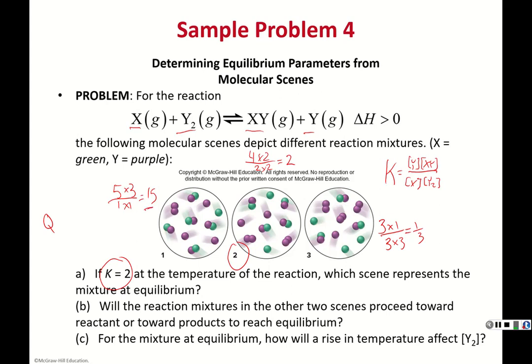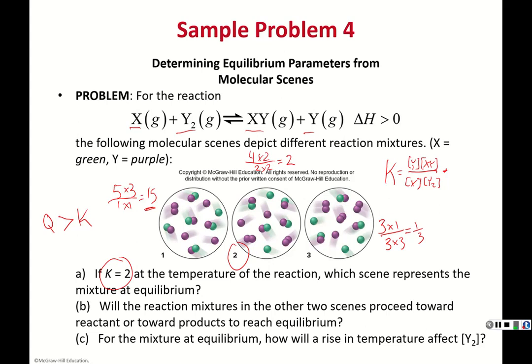We calculated that using our expression here, which is, again, the same expression you use for Q. K is at equilibrium, Q is at any other time. So if it doesn't equal 2, it's not K, it's Q. So Q here is bigger than K.